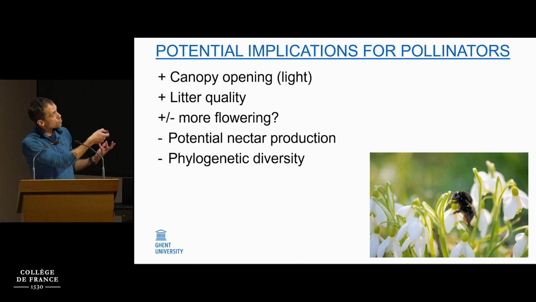But on the other hand, we showed that the species that produce a lot of nectar, they declined. So we see this 24% decline in potential nectar production. And maybe also this phylogenetic diversity, even though it's centered on 0, we have to see whether and which species that are important for pollination services, how they have changed over time.